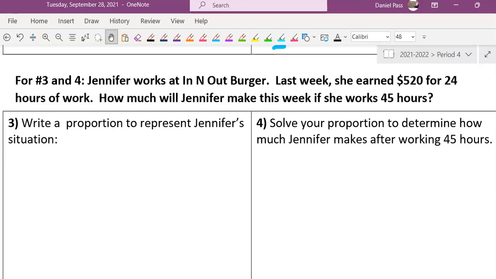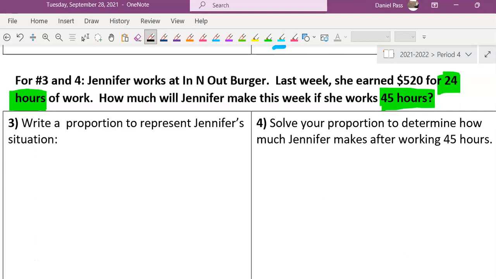Since we have 2 of the same unit, meaning 45 hours and 24 hours, we need to make sure they're on the same side of the fraction, which means either both in the denominator or both in the numerator. Okay, what is your proportion?